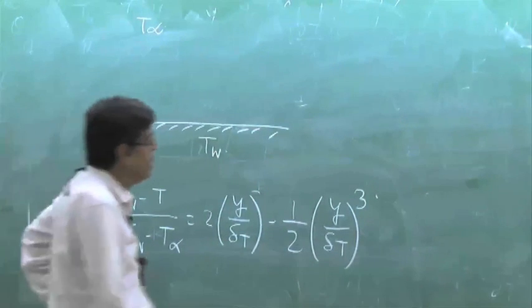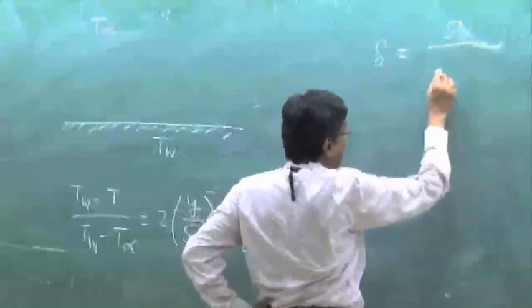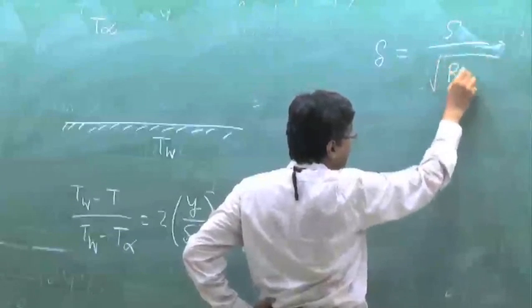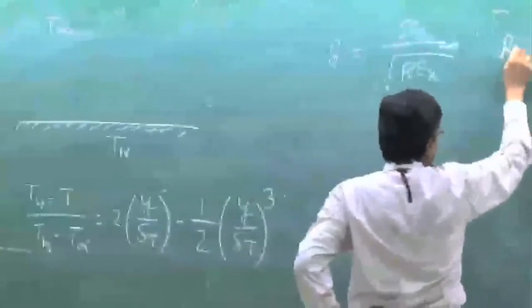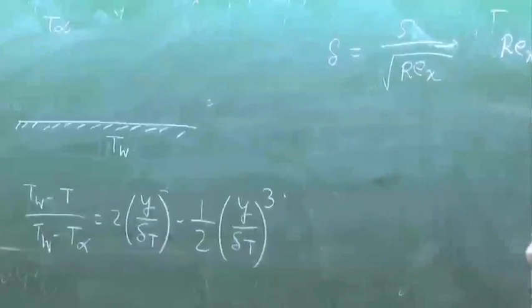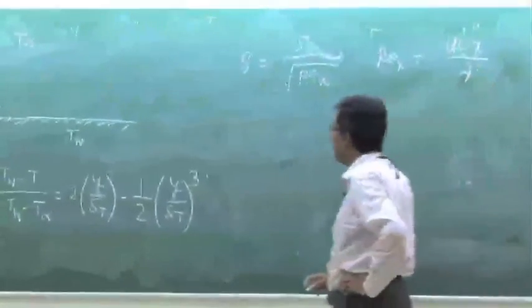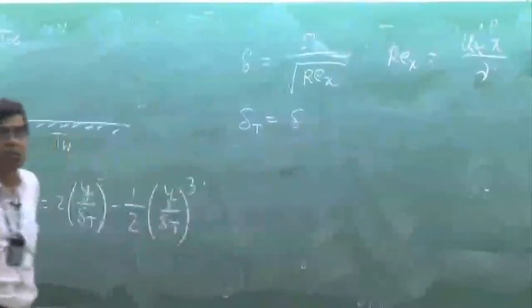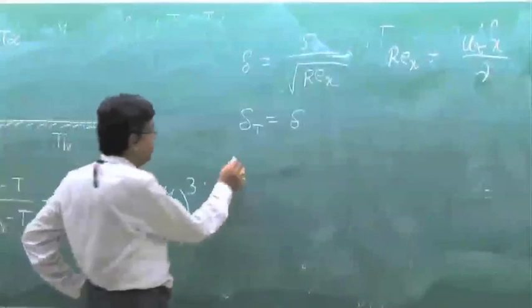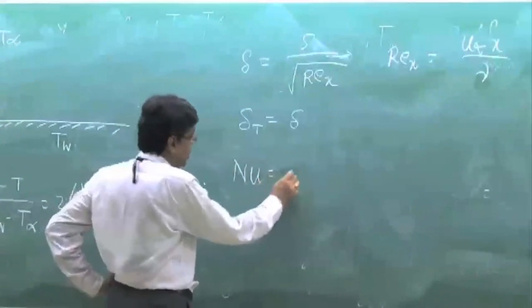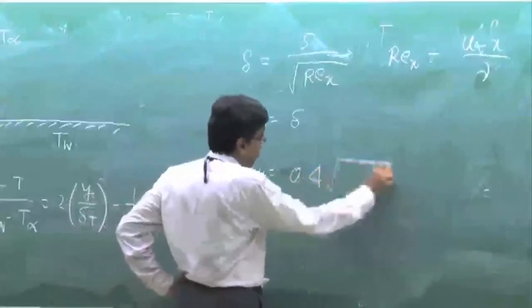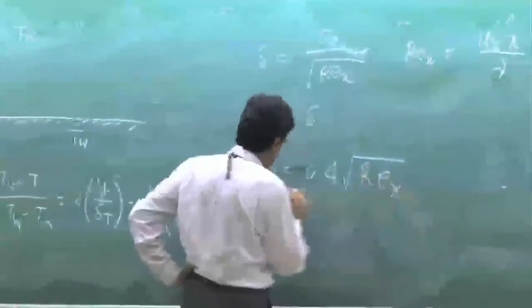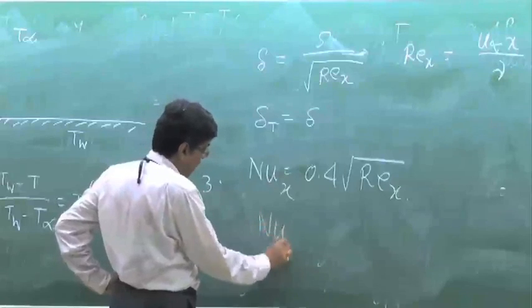And it is given that the hydrodynamic boundary layer is 5 by root over Rex, where Rex is equal to u infinity x by nu. And also given that delta T is delta. That means nu is equal to alpha. So prove that local Nusselt number, Nux, is 0.4 root over Rex. And what is the value of average Nusselt number?